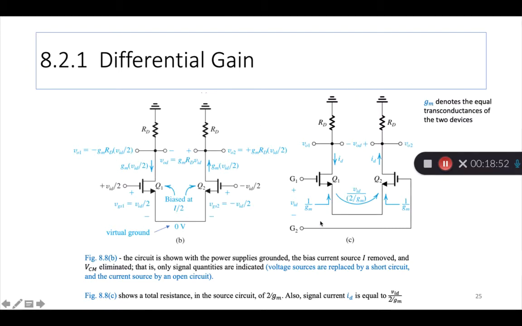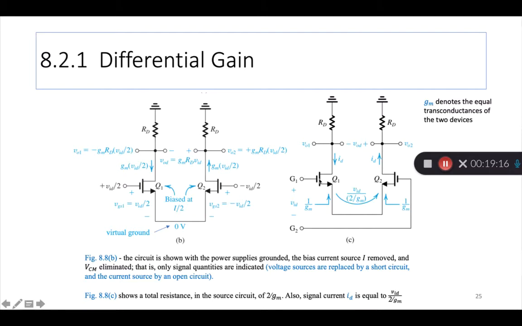Here, I guess one last thing they want to talk about is figure 8.8c, which shows the total resistance in the source circuit of 2 by GM. So 1 by GM is the resistance here. Another 1 by GM is here. If you add the two, then it's 2 by GM.